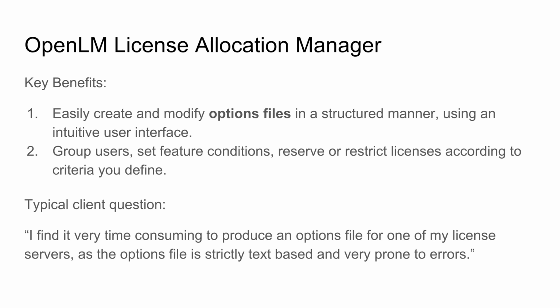It gives you better managerial capabilities where you can select, for example, that this group will have 5 licenses reserved, and this group will have 10 licenses reserved. This group is excluded completely from using Autodesk. So it gives you a lot of options.